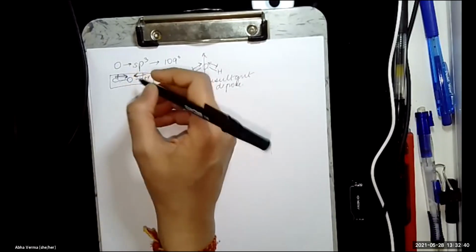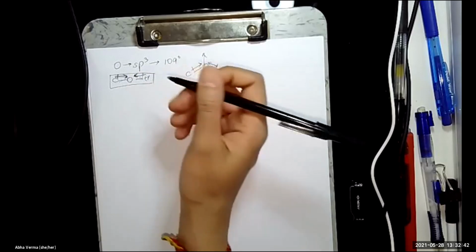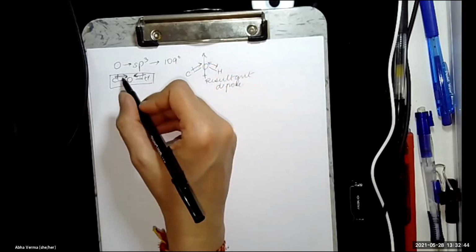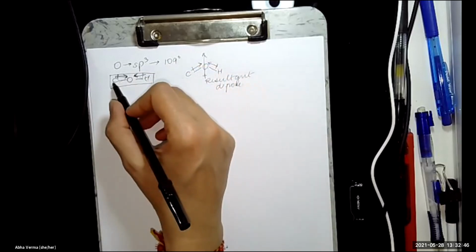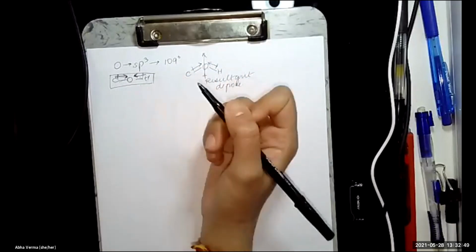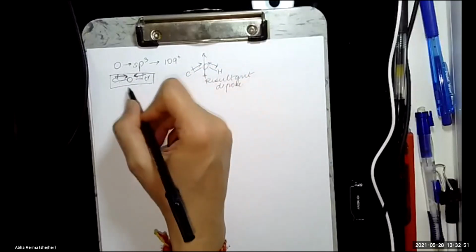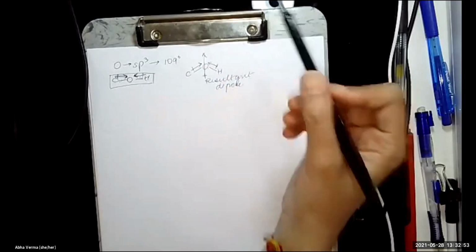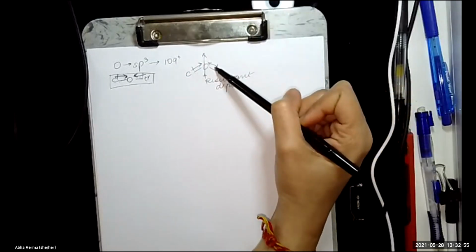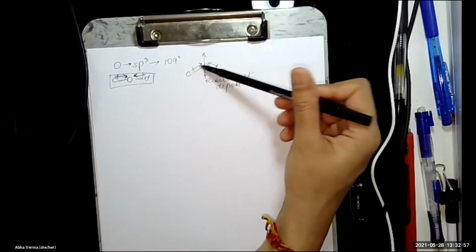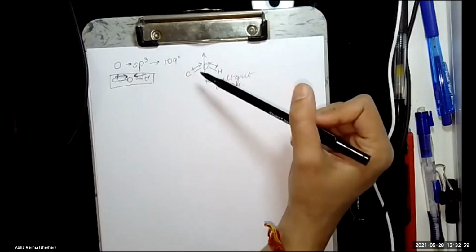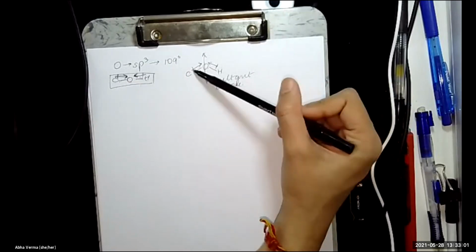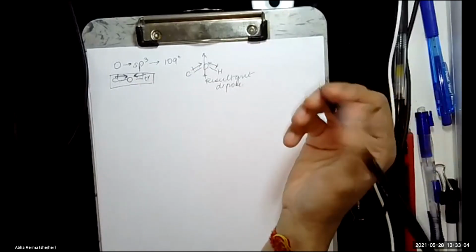And hence the dipole is going again towards the oxygen. In normal circumstances, if it were linear, if it was a square box, I would subtract these two. But because they are not pointing exactly in opposite directions, I will be adding these two to get a resultant dipole.